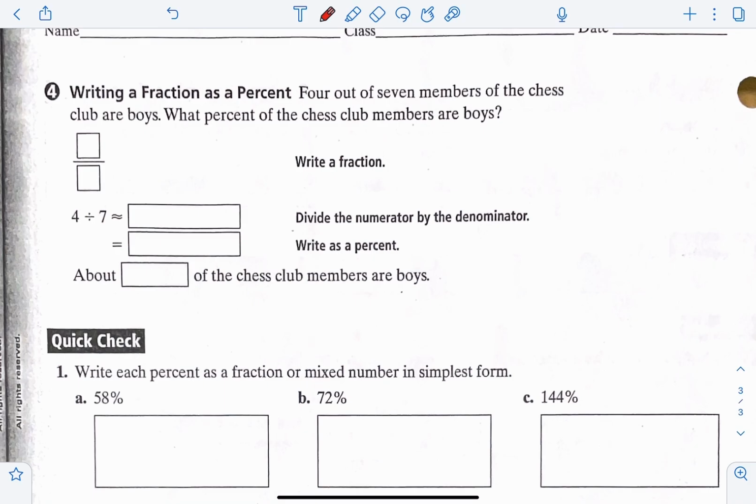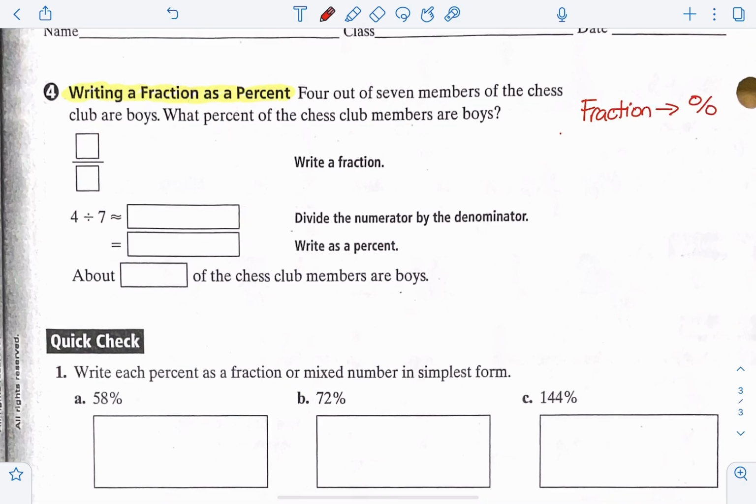So this says 4 out of 7 members of the chess club are boys. What percent of the chess club members are boys? So we're going to take a fraction and we're going to turn it all the way into a percent. So this is going to have multiple steps. So to go from a fraction to a percent, the first step is going to be divide top by the bottom of your fraction.